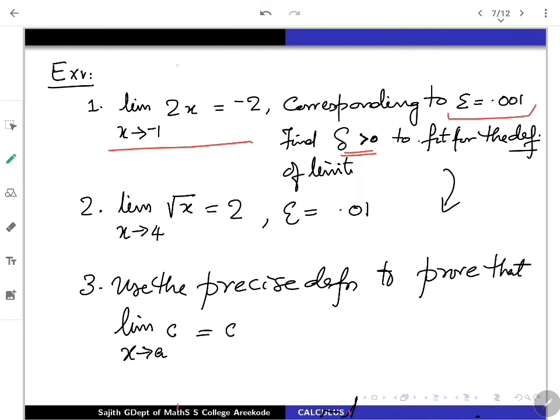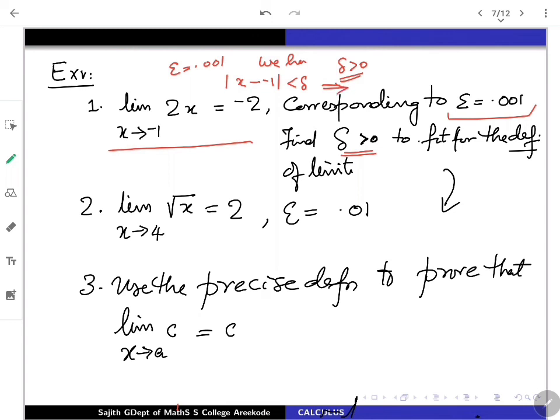You have to find out, given epsilon 0.001, a delta in such a way that modulus of x minus a, here x minus minus 1, is less than delta.